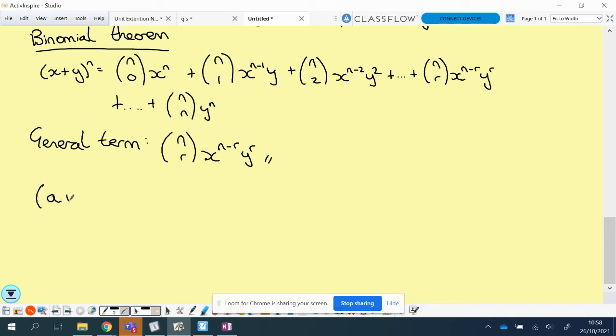So if I've got a plus b, so again just two terms, to the power n, then they use this sigma notation, starting off with, nope, not n equals 0, my apologies. Just n on the top, r equals 0, so r is always 0 to start off with. n choose r, a to the n minus r, b to the power r there. Okay, so that's what it says on the formula sheet.